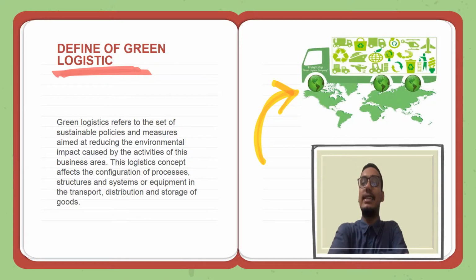So what is the definition of green logistics? Green logistics is to describe all efforts to measure and minimize the environmental impact of logistic activity. This includes all activity of logistics, forward and reverse flow of product information and service between the point of origin and the point of consumption.